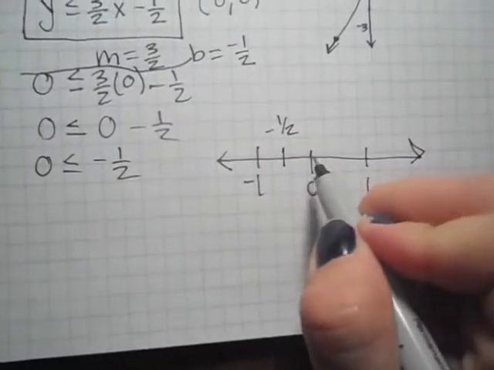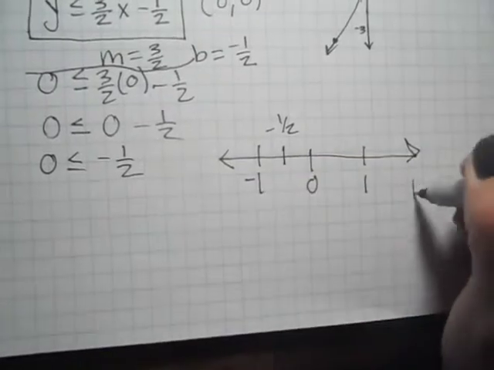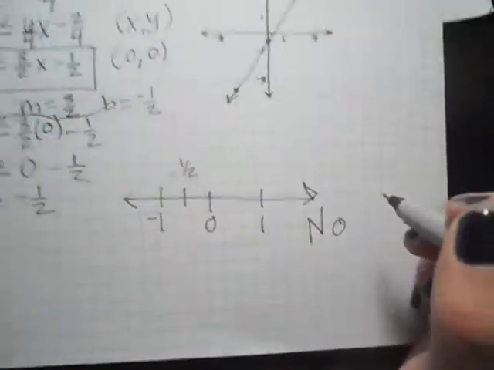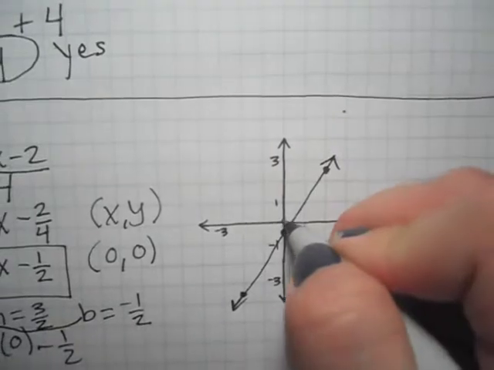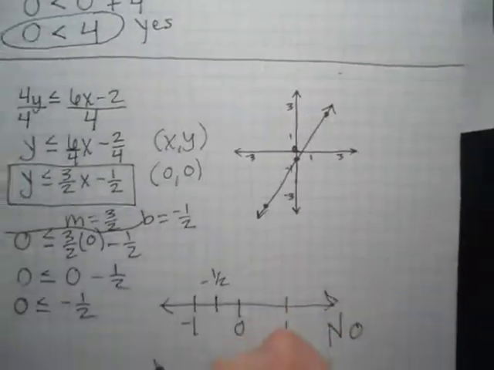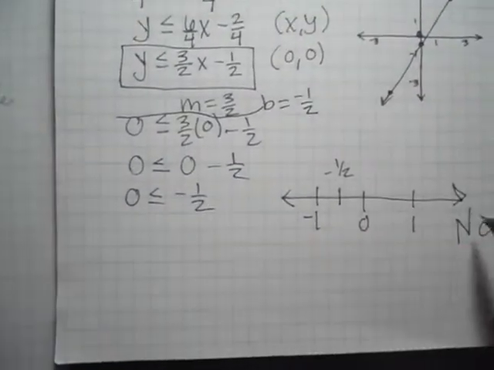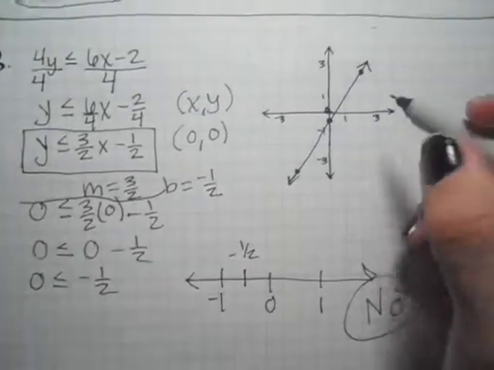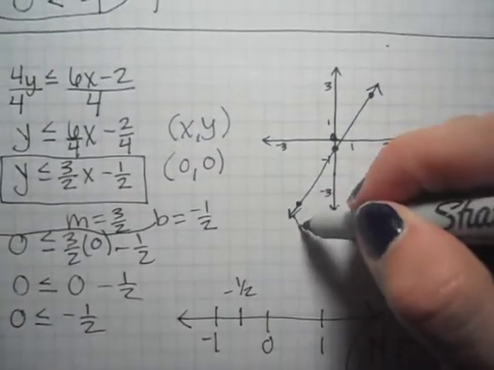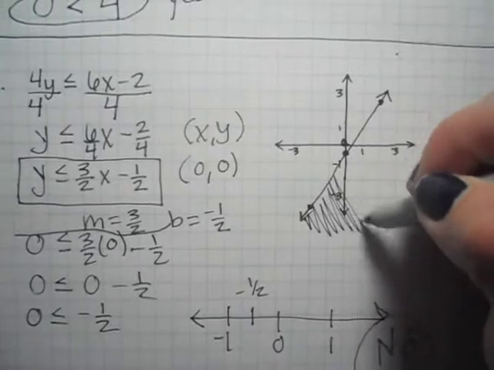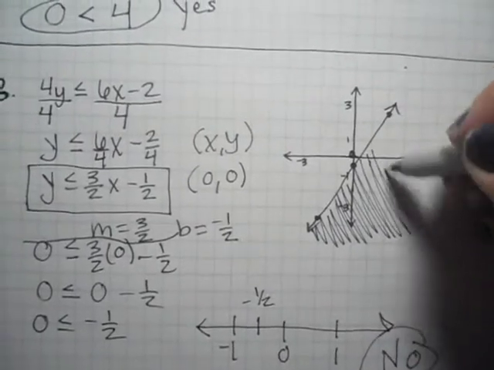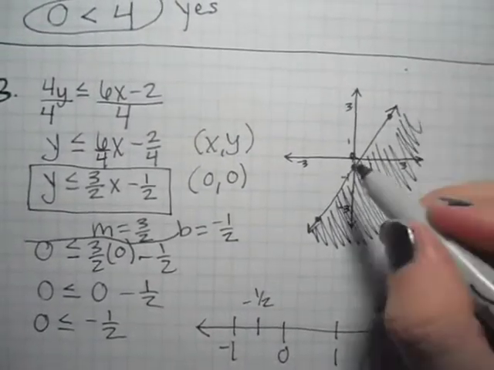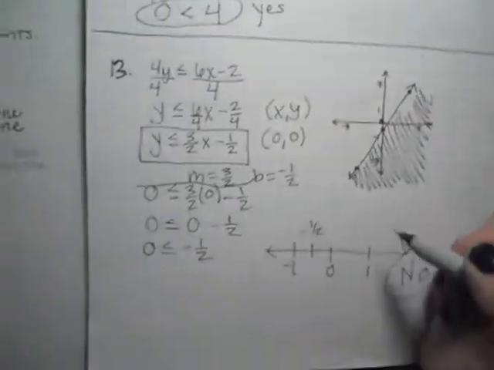Is 0 less than negative 1/2? No, it's not. So where we have the point (0, 0), since we tested that point and it came out to something that's not true, we shade the other side of the line, the side that does not have the point (0, 0). And that's how you do number 13.